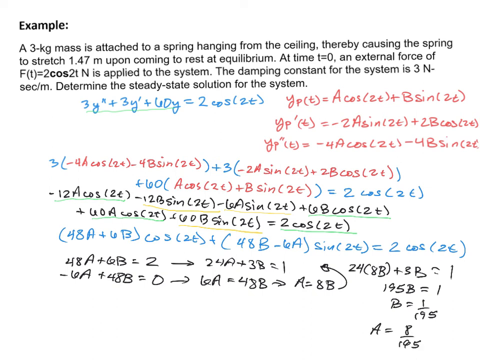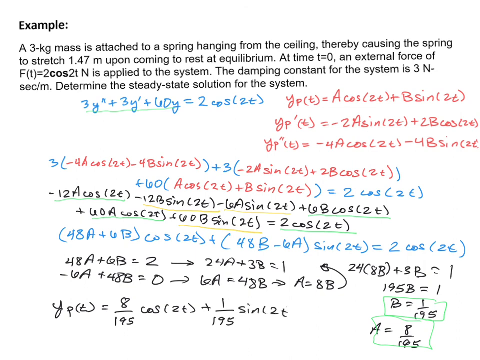If we now take these two constants and put them together with our particular solution, we get y_p of t is equal to 8 over 195 cosine 2t plus our b, which is 1 over 195, sine of 2t.